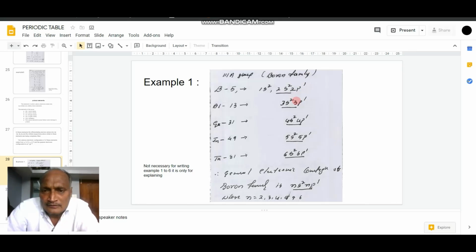In boron, 3 electrons are entering into the valence shell, particularly 2 in the form of a 2s subshell as 2s2 and 1 electron in the form of a p subshell as 2p1.